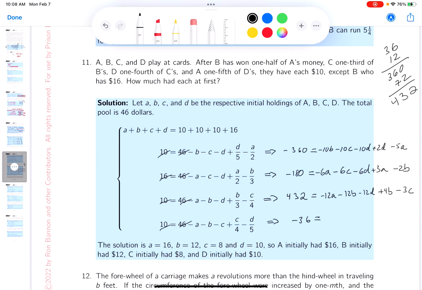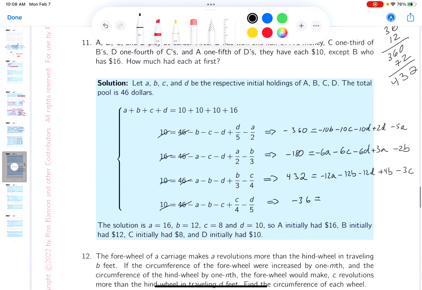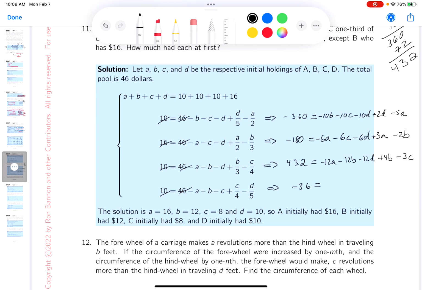A lot of work. Well, let's see, 4 and 5 would be 20, right? I can multiply by 20. That's going to be minus 720 now. You know what? I made a mistake over here. It's minus.